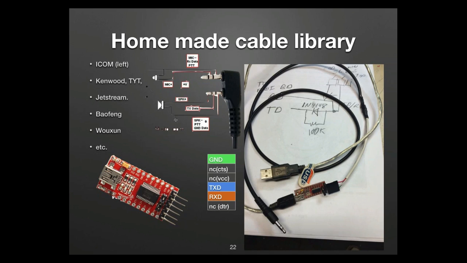I have that little header connector, it goes off to a piece of cable, and the tape bulge where it goes from the white cable to the black cable is where the diode and the resistor are hidden, and that's really all it is. You use the sleeve for ground, the ring for the shared transmit and receive data for an ICOM, and the tip, where the audio normally is, you don't use at all.